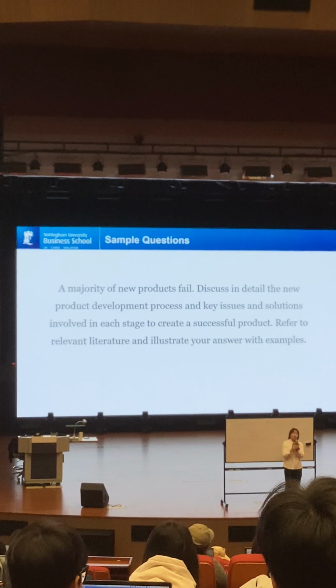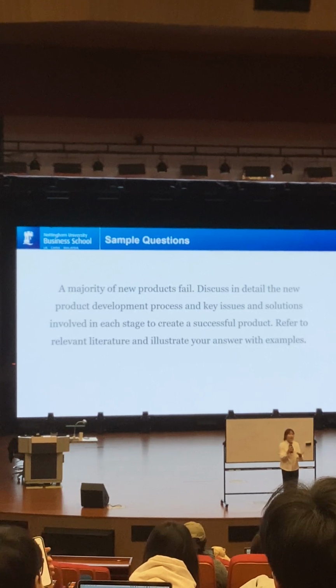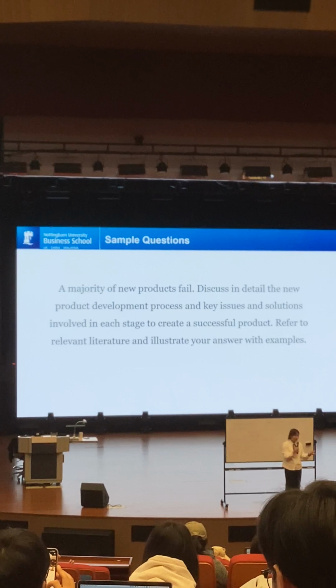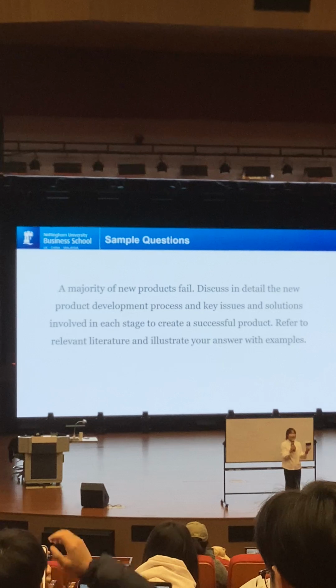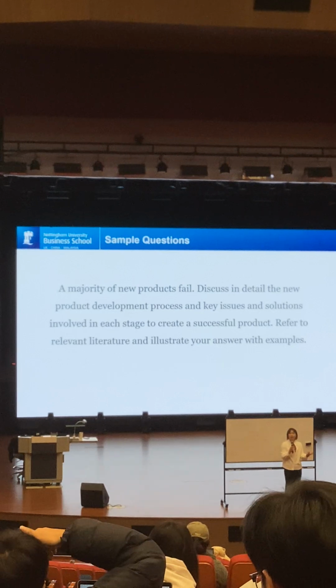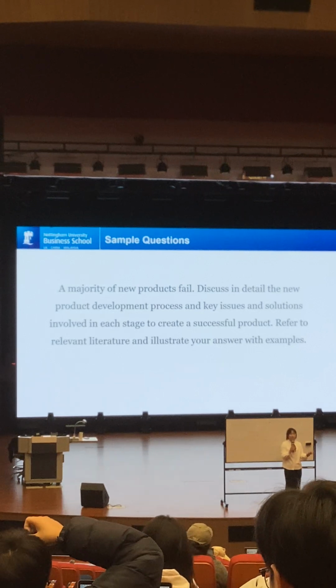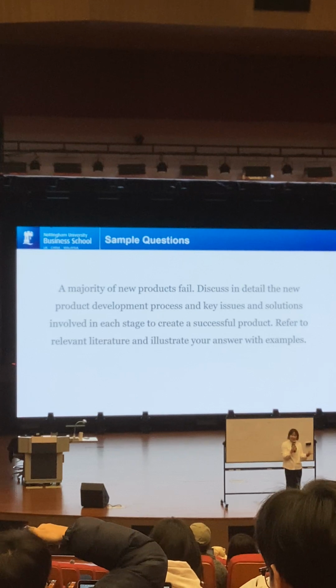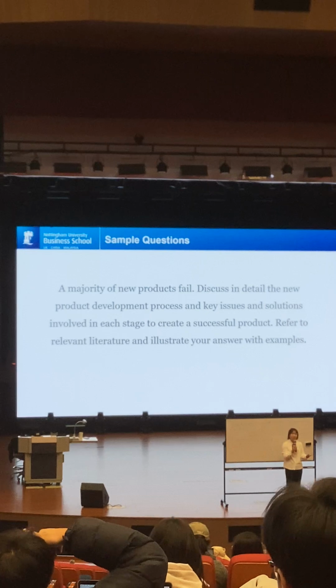The range from 60 to 65 is based on your evaluations with examples and with your arguments, and of course your language. Sometimes I understand some of you have clear ideas, but the language is difficult to understand.